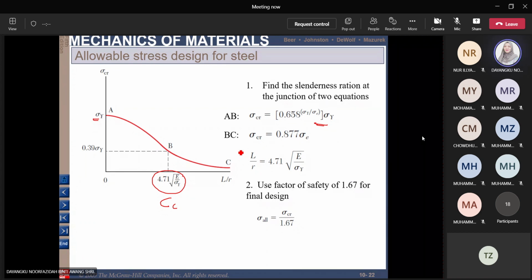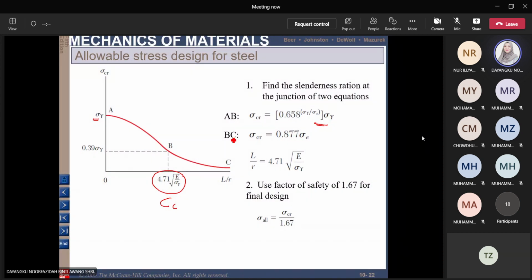Then we will use the FS equal to 1.67 for the final design, in which our allowable stress is equal to the critical stress divided by 1.67. This is applicable for all types of units.